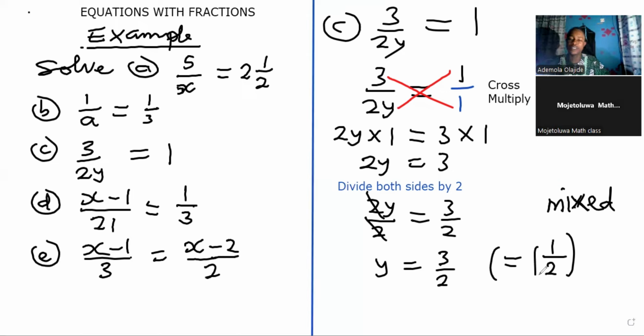How do you convert this mixed fraction back to an improper fraction? You will say 2 times 1, which will give you 2. Then you now add the top number. So 2 times 1 is 2, plus 1 is 3. You get this 3, then everything over the original denominator, 2.